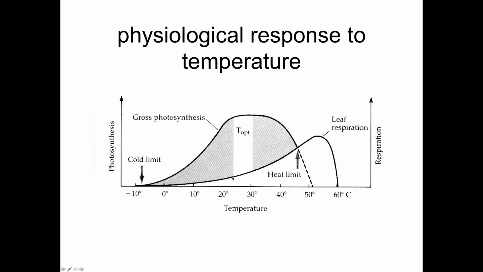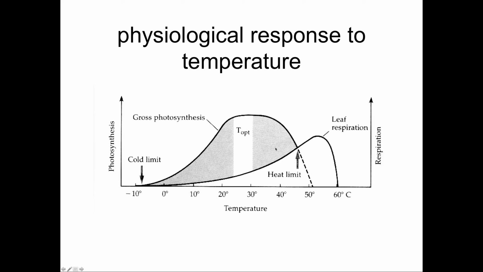In this case, this is kind of a best case scenario, or maybe a scenario for a place that has temperatures between 20 and 30. Optimum occurs here where basically high levels of photosynthesis and respiration still remains rather low. As we move out here, even though photosynthesis remains rather high, respiration continues to rise.